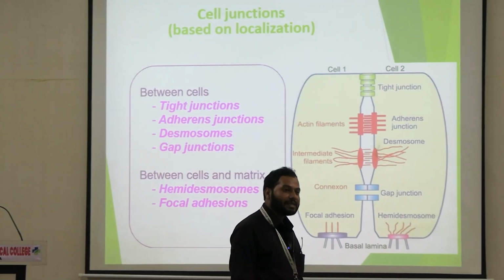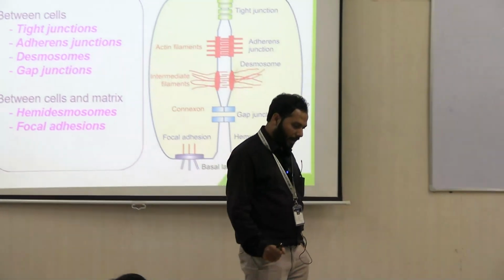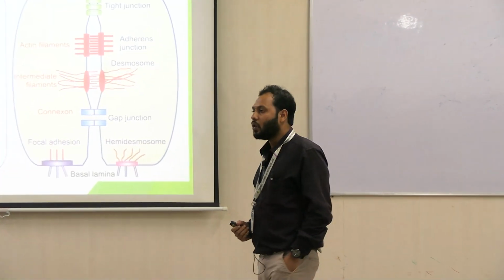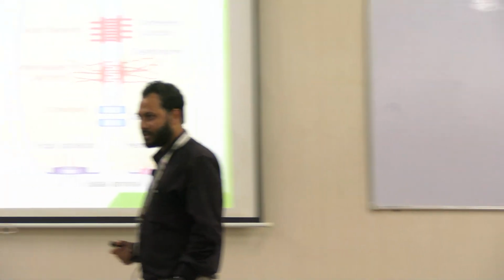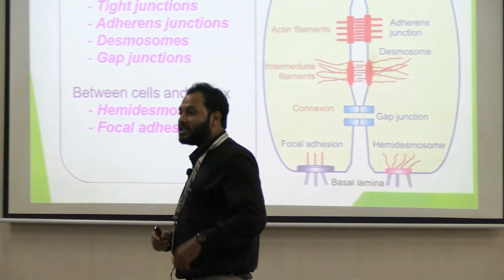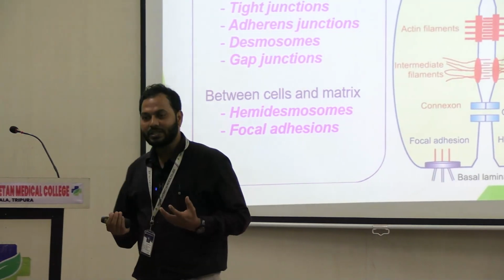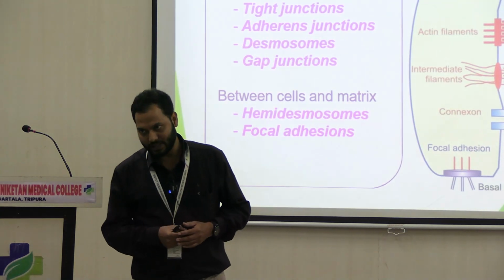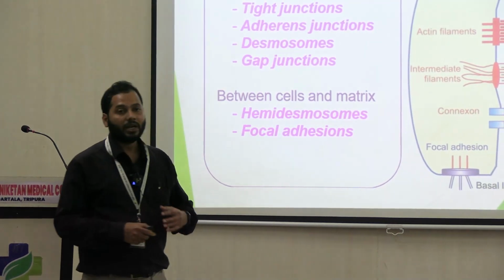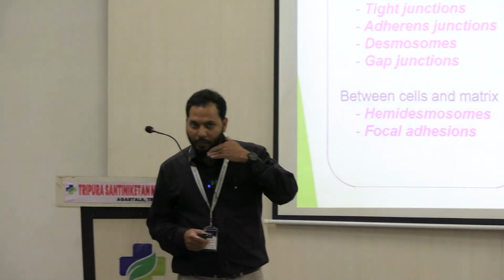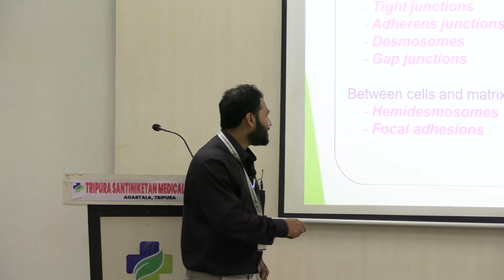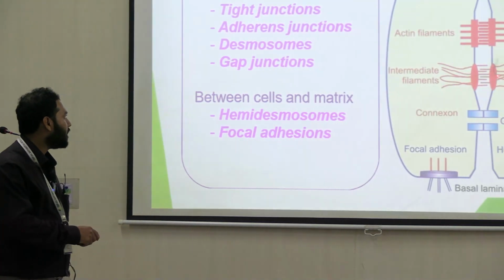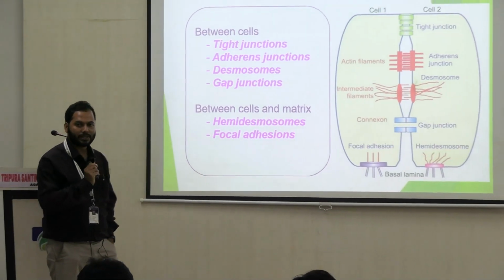Now, as I mentioned, cell adhesion molecules are mainly involved with the formation of different types of cell junctions. Now, the question is, what are the different types of cell junctions? Yes, cell junctions can be classified based on their structures, functions or localizations, right? But in a broad way, we can classify the cell junctions as tight junctions, Adherens junctions, Desmosomes, and Gap junctions.